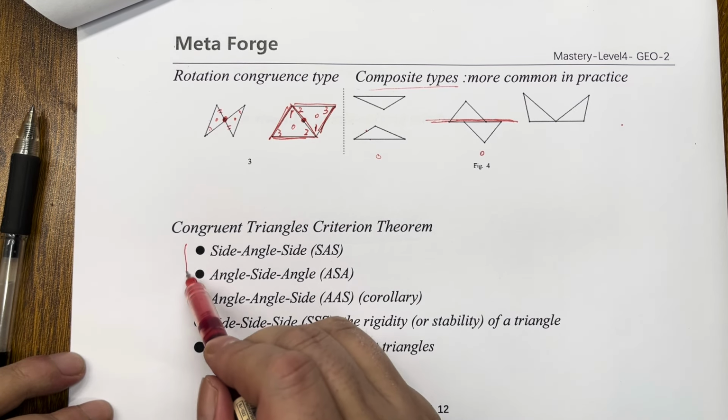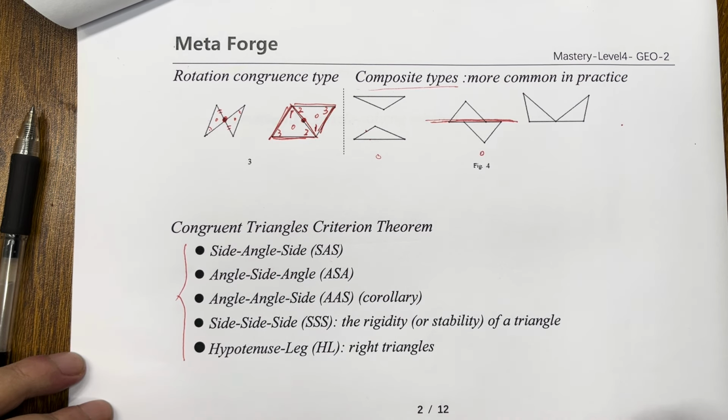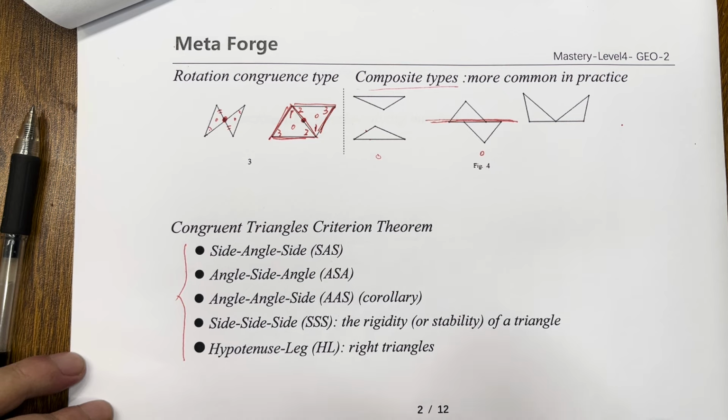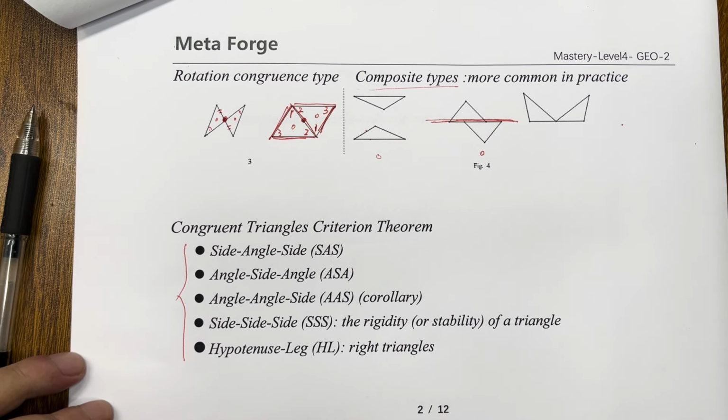Using these theorems can strictly prove two triangles are congruent. Only these 5.